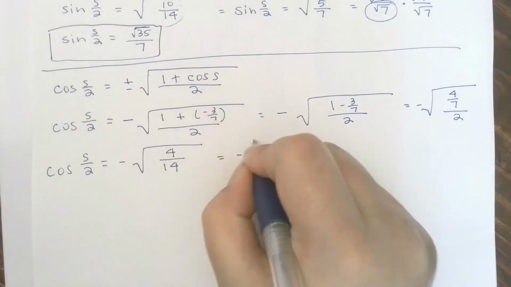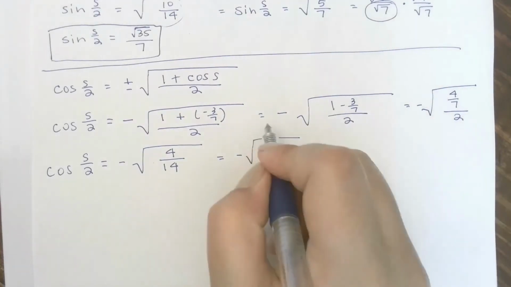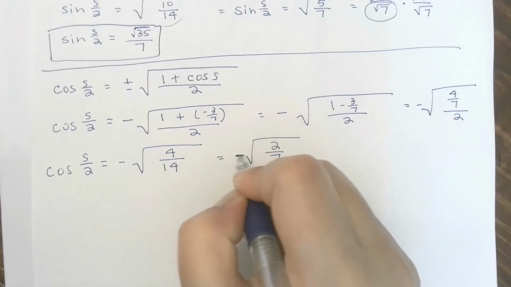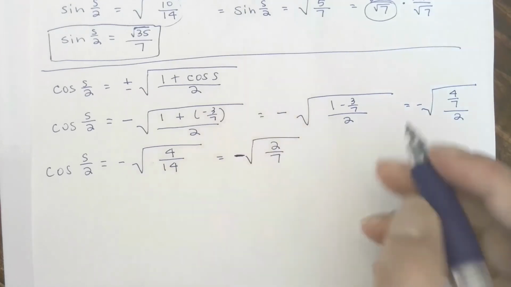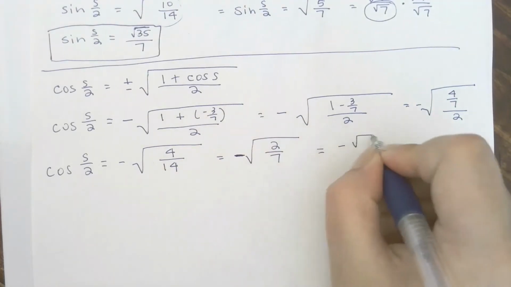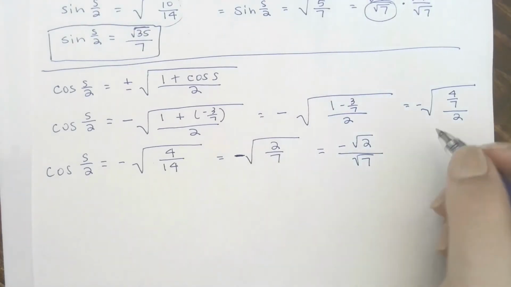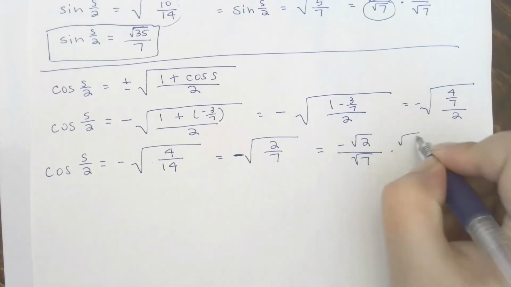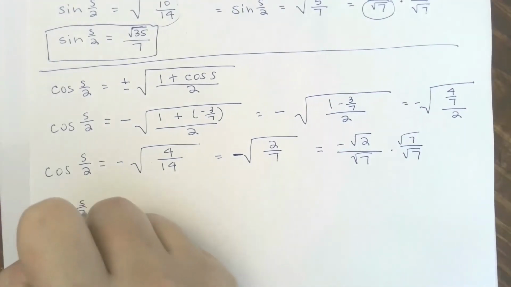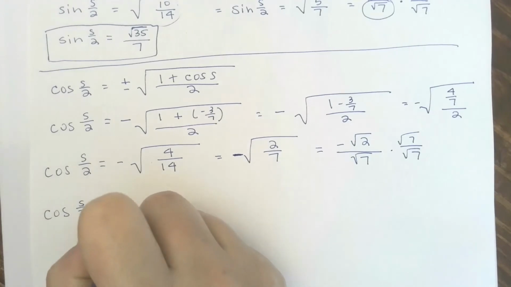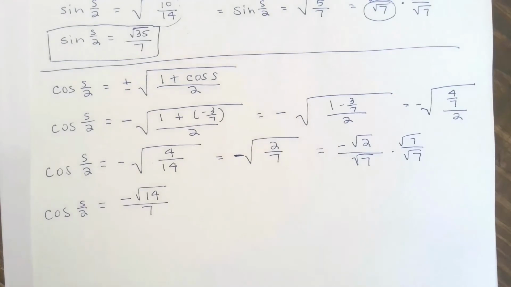That gives me 2 over 7. Don't forget to keep bringing your negative sign down up front. Don't let that get left behind. So that's going to give me the negative square root of 2 over the square root of 7, which we will then need to rationalize. So cosine of s over 2 is equal to the negative square root of 14 over 7.